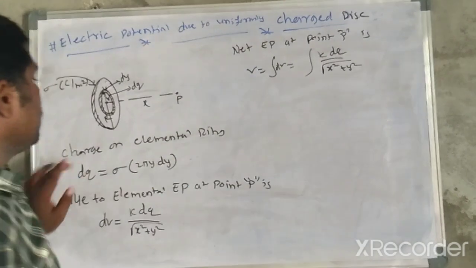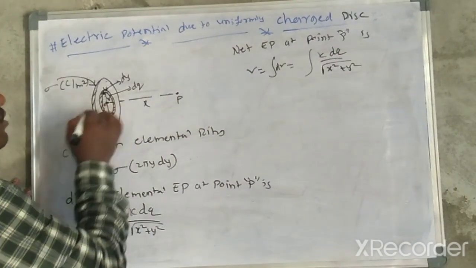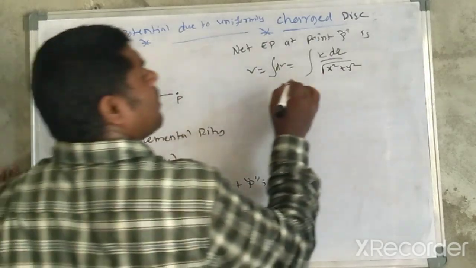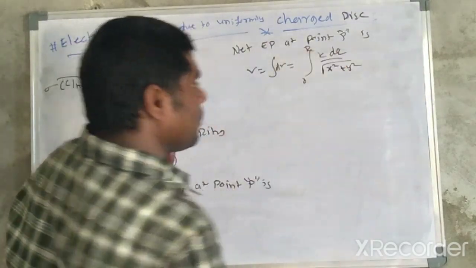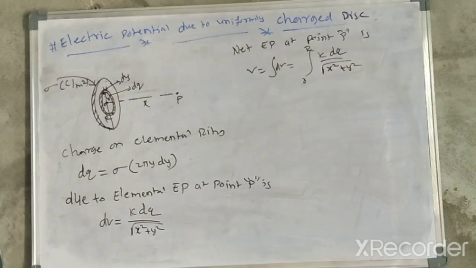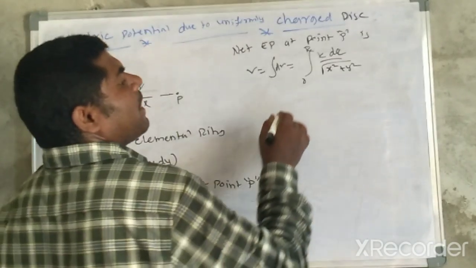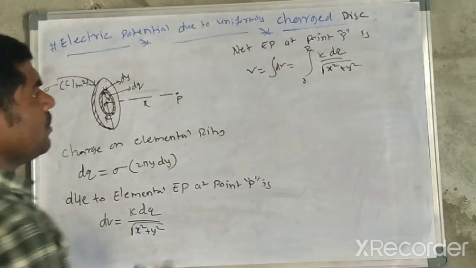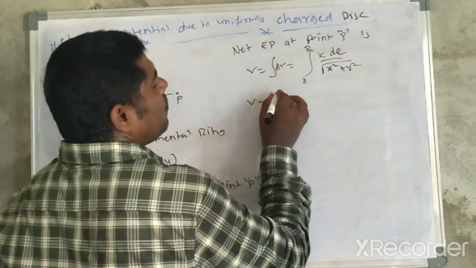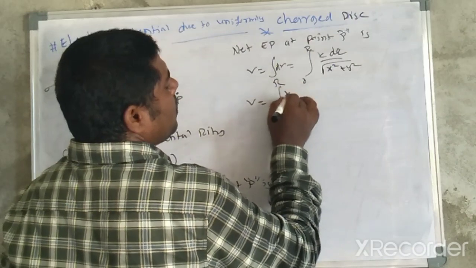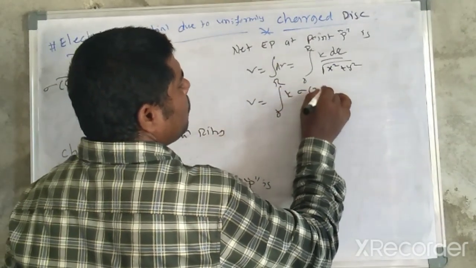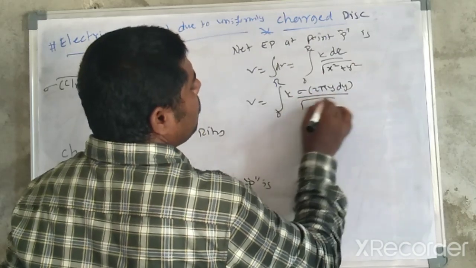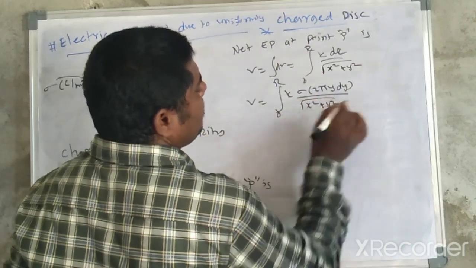The limits run from the center, 0, to capital R, since it is a uniformly charged disk. Substituting the dq value, V is equal to integral 0 to R of k into sigma into 2 pi y into dy divided by under root of x square plus y square.